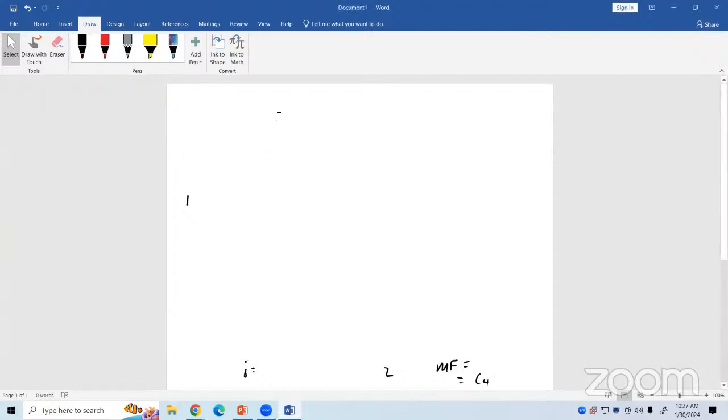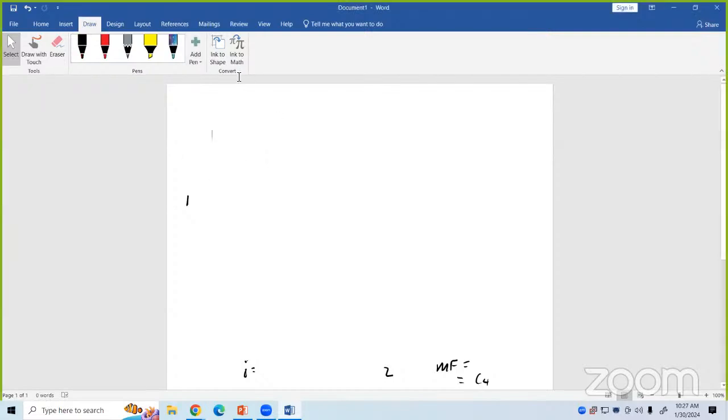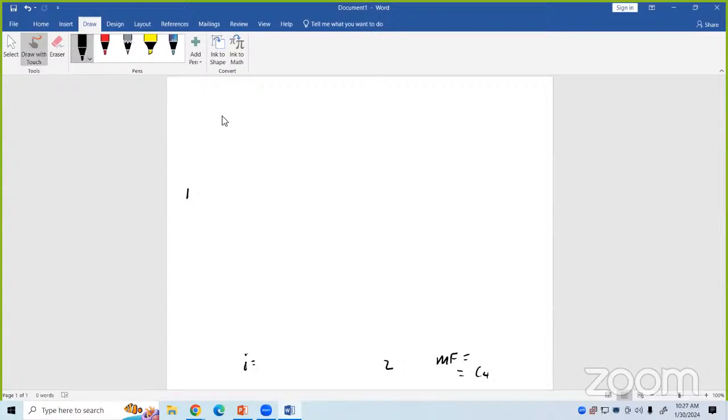I'm going to rewrite the same equation up top here, which would be 2NH3 plus H2SO4 to form (NH4)2SO4. All right, so that's the equation we're working with.